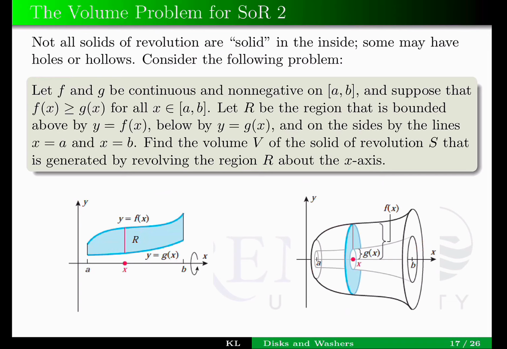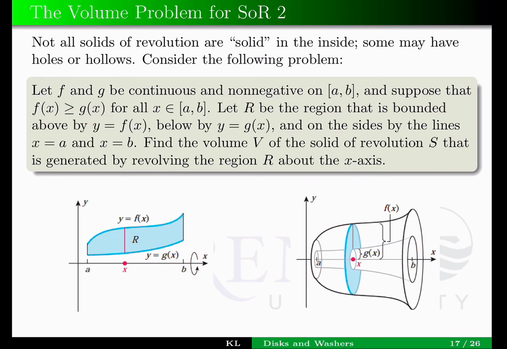Now, what we're going to do is to consider the functions f and g, continuous and non-negative, and such that f of x is greater than or equal to g of x. So we have this. Then we have the region between those two graphs here. But the axis of revolution, in this consideration, is the x-axis. The axis of revolution only says that it's not part of your region.